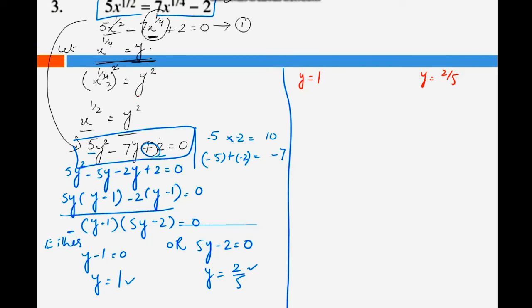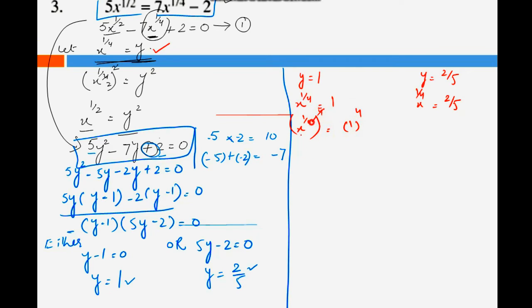What was the value of y? Yes, y was having value x raised to the power 1 upon 4. Let's resubstitute its value, taking fourth power on both sides of the equation.